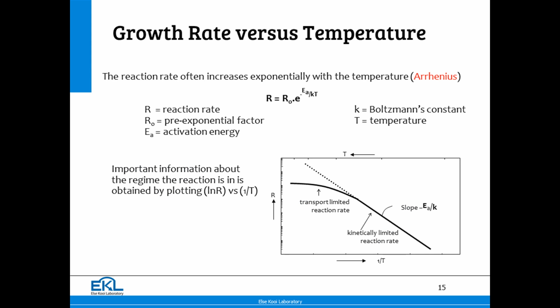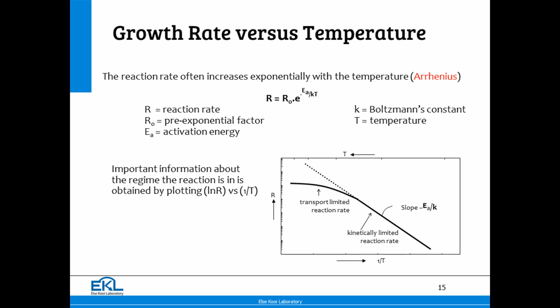And now the thing that I actually was aiming at, most of the reactions can be described in this way, the Arrhenius equation. So, for instance, the growth rate goes like this: a constant times e to the power minus EA, the activation energy, over kT, the Boltzmann constant and the absolute temperature.